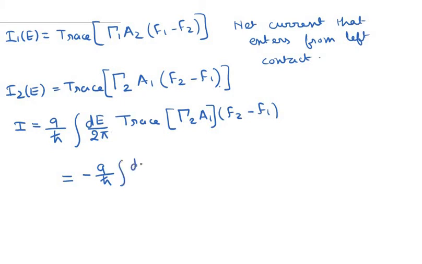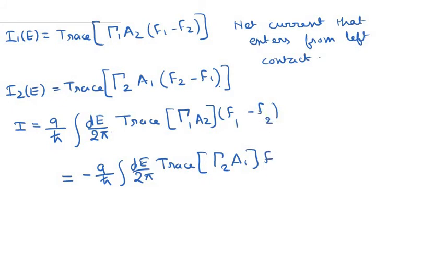So minus Q by H dE divided by 2 pi trace of gamma, sorry, this is gamma 1 A2 actually, so gamma 1 A2, and this is gamma 2 A1, this is F1 minus F2, and this is F2 minus F1.